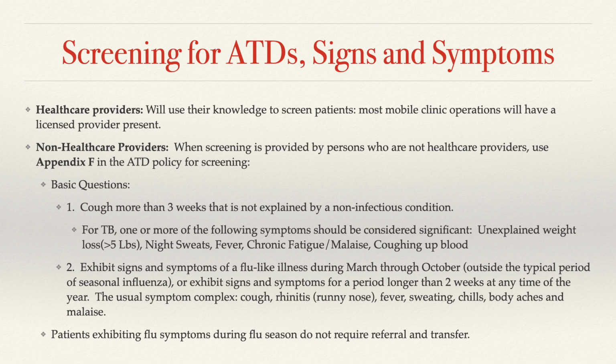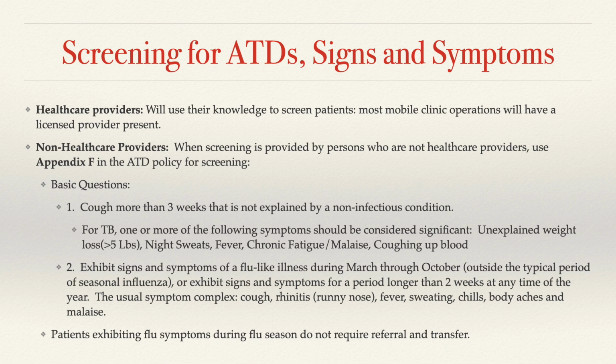The two basic questions fall into two categories. Number one, does a patient exhibit cough more than 3 weeks that is not explained by a non-infectious condition? For tuberculosis in particular, additional significant findings would be unexplained weight loss, night sweats, fever, chronic fatigue, malaise, coughing up blood. All of those would suggest tuberculosis.